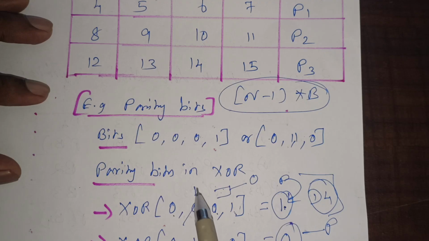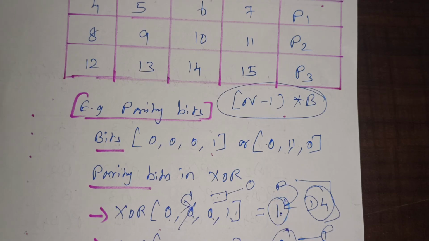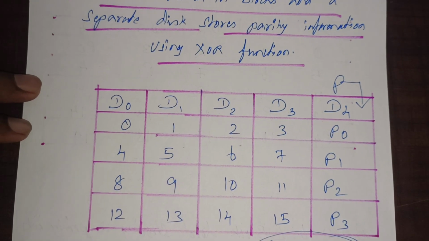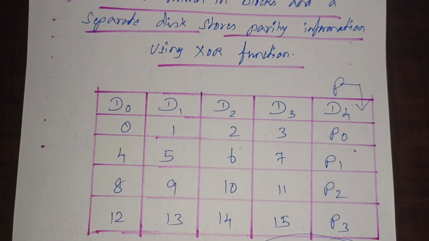And we can recover that 1 into the original data as 0. This is possible if any one of this data is lost. If multiple losses occurred, definitely it is not going to work, right? So we are always looking for the advanced level of checking the parity and its accessible format, right? So this is how RAID 4 works, right?